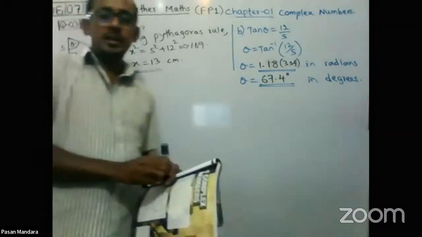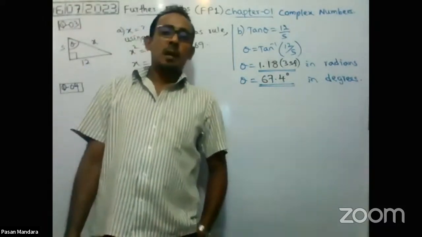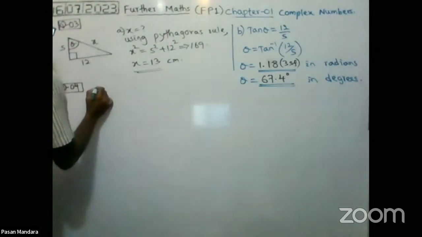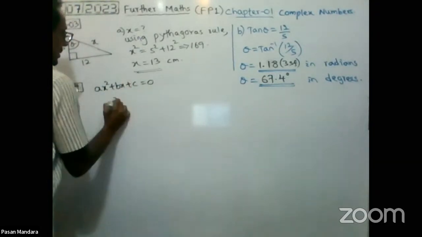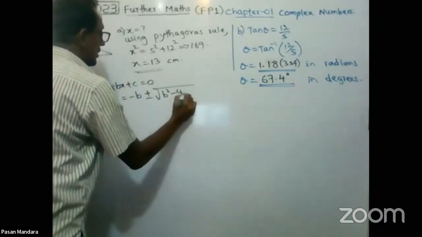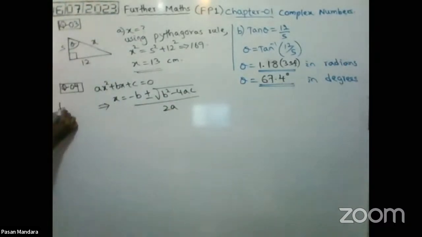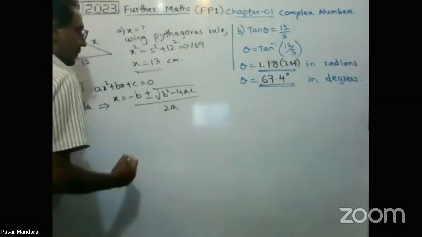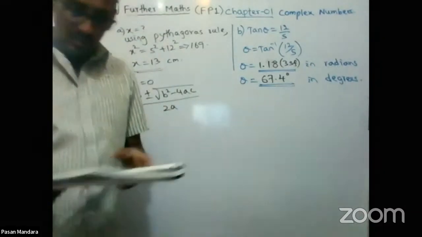Now we are going to try using the formula. We are going to write down the answer. Now earlier we checked the number of roots in a quadratic equation. Now the formula. This is the formula. So using this formula, you get the answer.